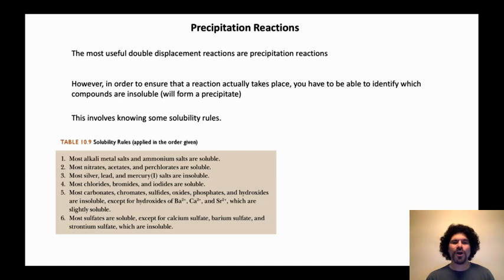Carbonates, chromates, sulfides, oxides, phosphates, hydroxides, most of them are insoluble. I wouldn't even worry about this exception. It's probably not even going to show up. And then sulfates, most of them are soluble except for 3 of the examples from group 2, the alkaline earth metals: calcium, strontium, and barium, the 3 lower ones. Magnesium sulfate is actually soluble.